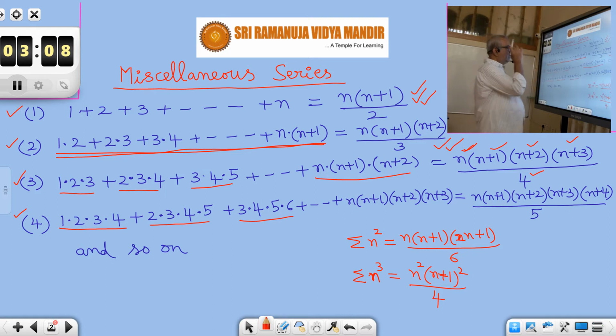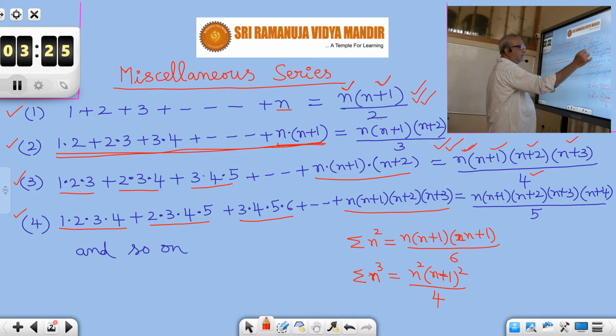So what is the thing you notice here? In the first one, the last term is n, so the answer is n into n plus 1 by 2. The 2 is there because there are 2 factors in the numerator. In the second case, the last term is n into n plus 1, so we write n into n plus 1 into one more factor, n plus 2, divided by 3 because there are 3 factors.